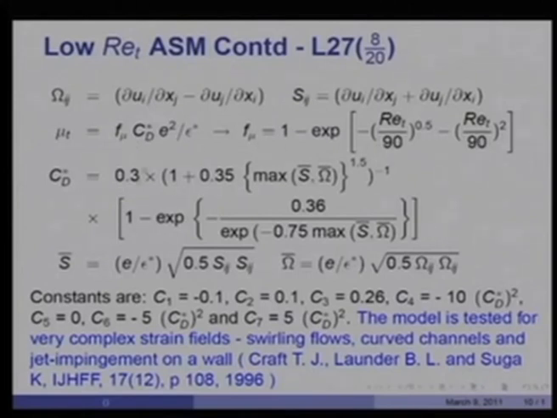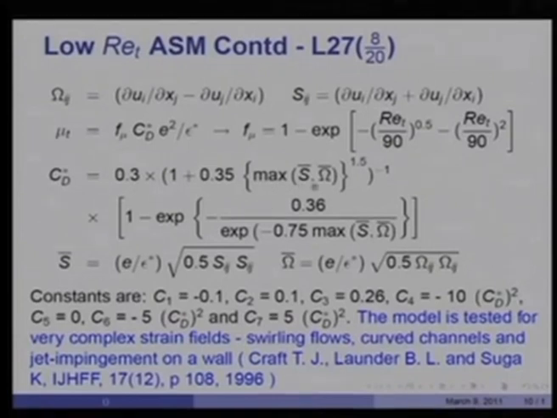CD star, on the other hand, is sensitized to the maximum of the mean strain or the mean vorticity multiplied by a damping function. And here S bar, the mean strain rate, is taken as E by epsilon star square root of minus 0.5 Sij Sij, and mean vorticity is taken as E by epsilon star square root of omega ij.